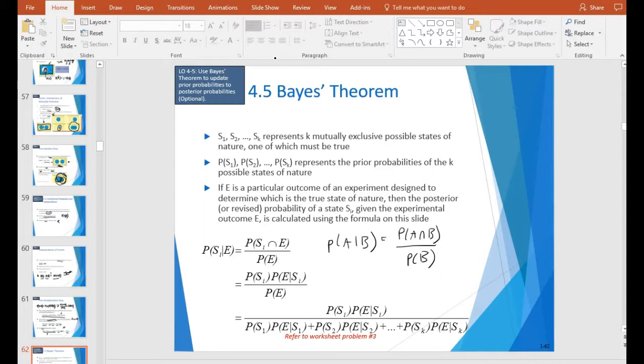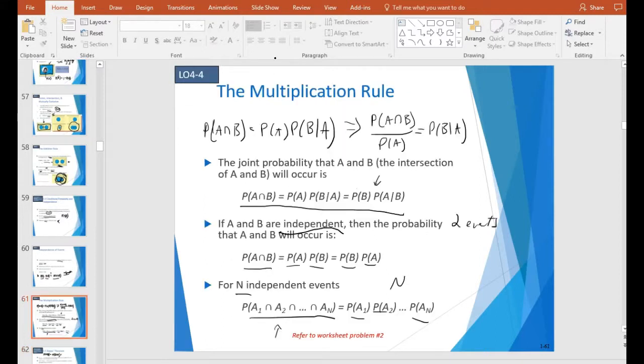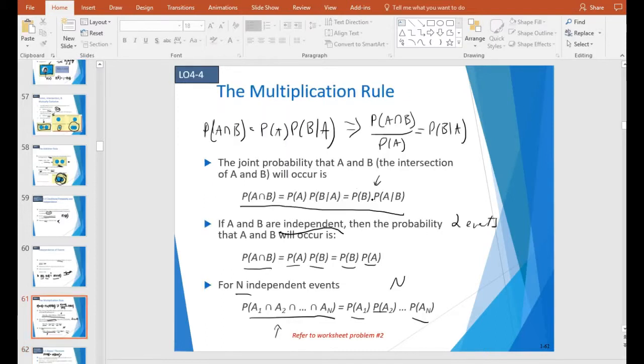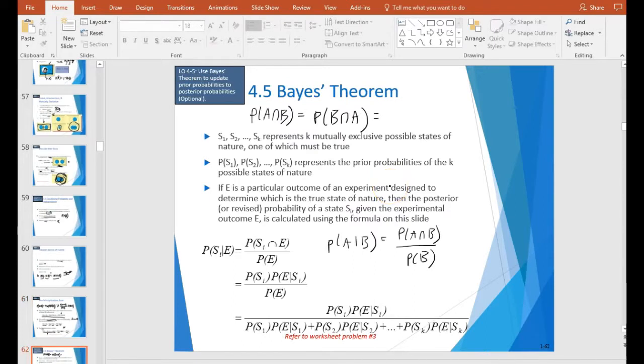But then they get into defining the top, the probability of A and B. They look at it like the probability of B and A, which is the same thing still, but then they want to go back and use the multiplication rule, and they want to say that it is the probability of A times the probability of B given A. And then they sub in this term for the top here.